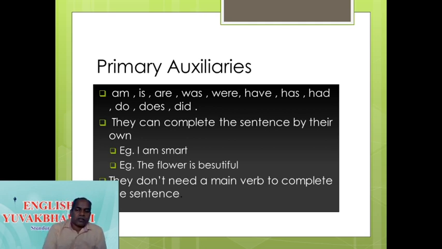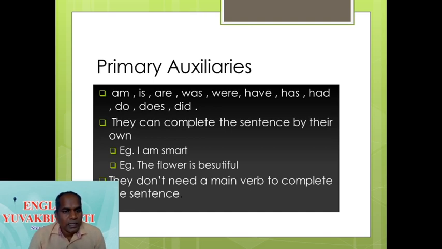Though the main verb is not there, the sentence tells the complete meaning. It means something is there which is telling us the main theme of the sentence. So in I am smart, am is playing the role of main verb. The flower is also beautiful.